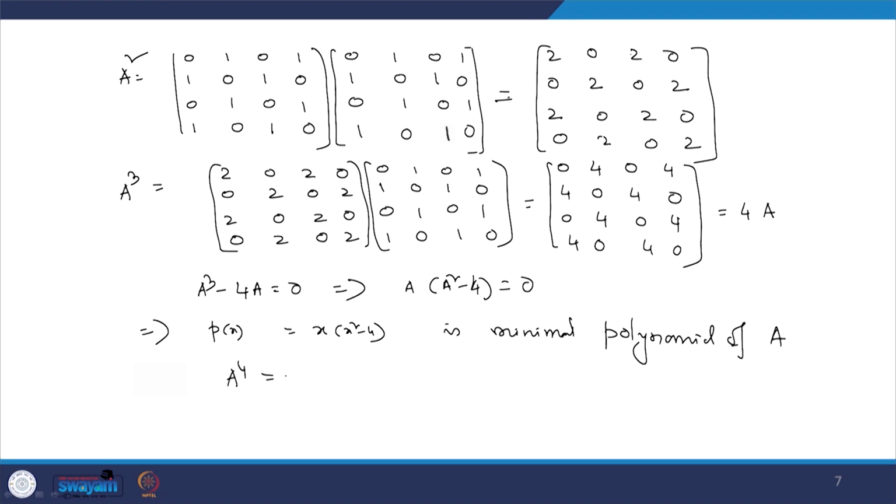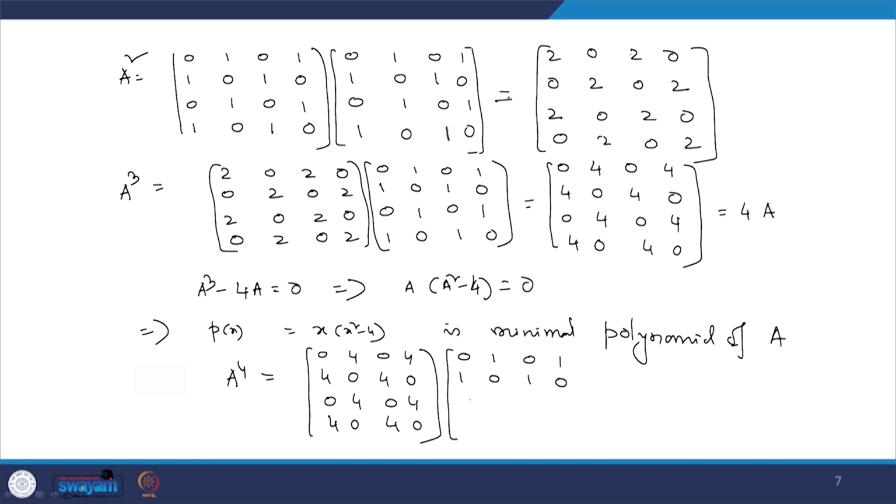A to the power 4 will be, I can simply say 0, 4, 0, 4, 4, 0, 4, 0, 0, 4, 0, 4, 4, 0 and 4, 0. So, when I multiply this into 0, 1, 0, 1, 1, 0, 1, 0, 0, 1, 0, 1, 1, 0, 1, 0, what am I getting?